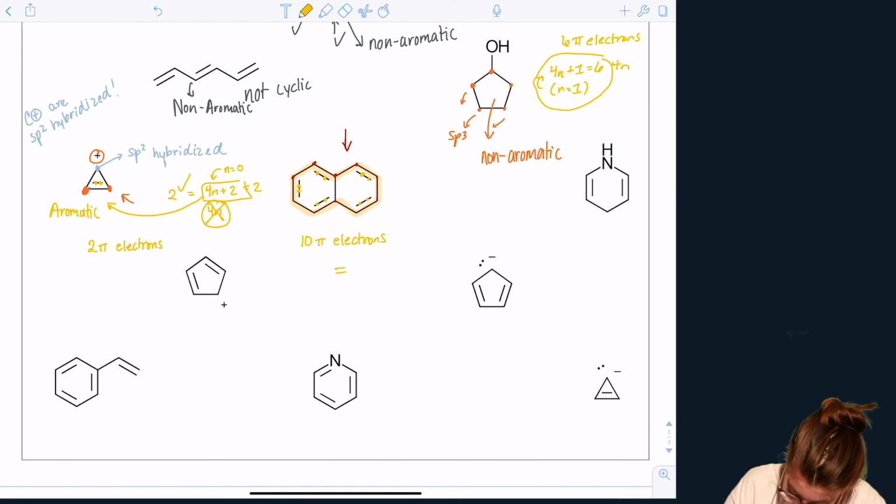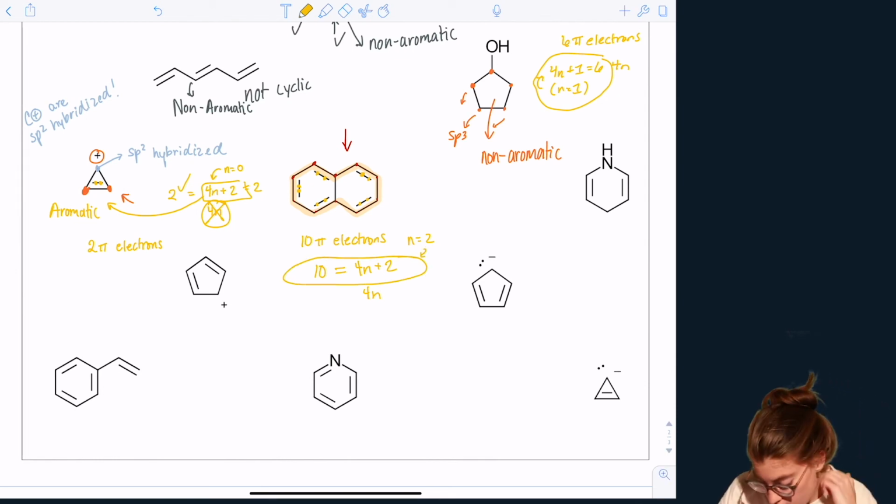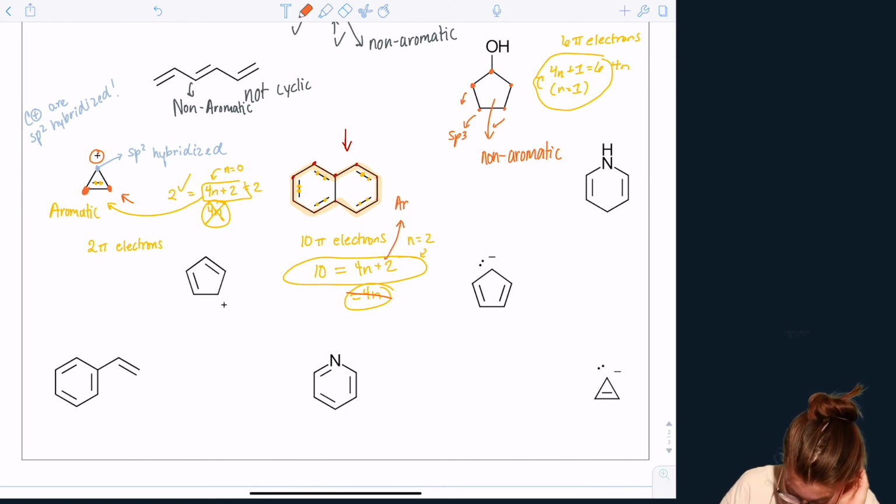Okay, so which equation is going to give us the number 10? 4n plus 2 or 4n? Let's think about this. So if n equals 2, then 4 times 2 is 8, plus 2 is 10. So this equation, when n equals 2, will give us 10. There is no way that the 4n equation, with n being a whole number, will give us 10. So we can just cross that out. Since we're using the 4n plus 2 equation, that means that this molecule is aromatic.